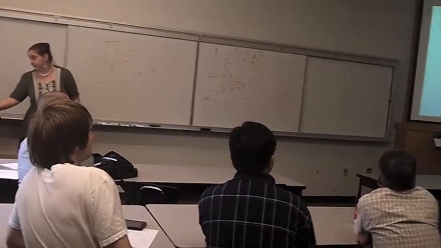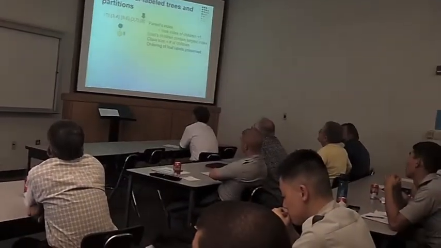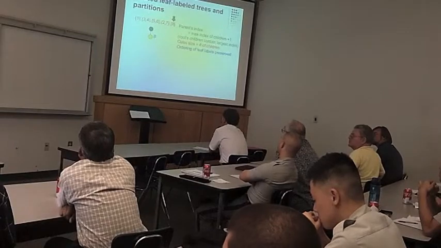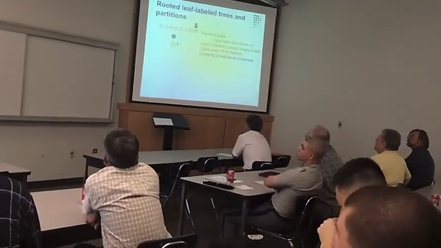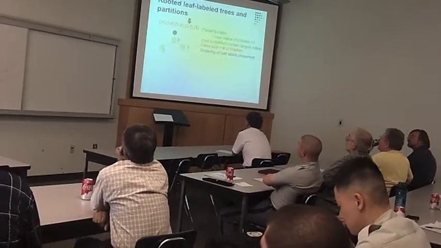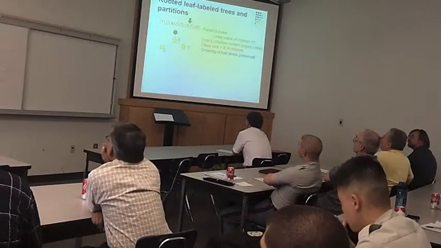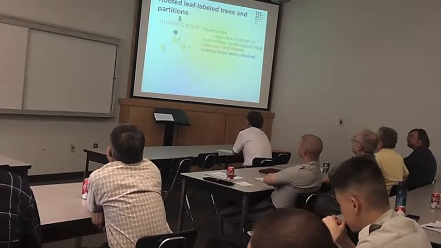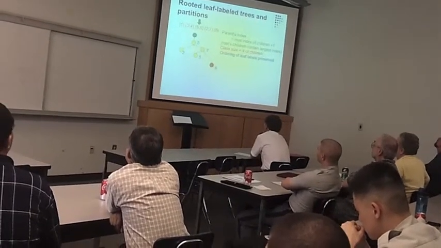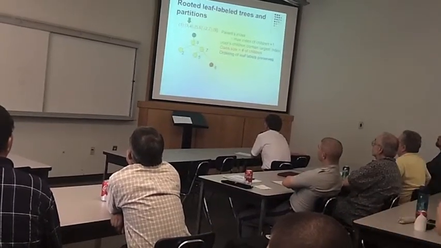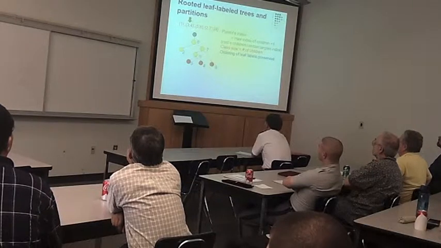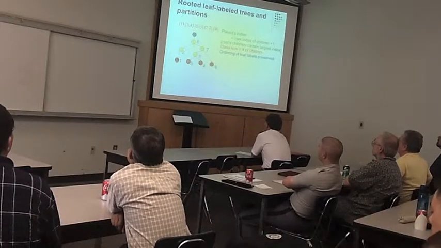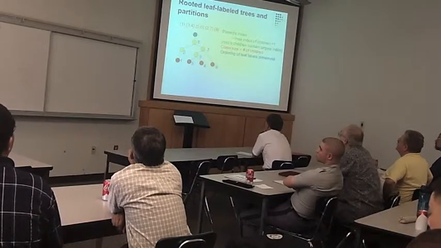Now, the parent's index is maximum index of children plus 1, so the children of 8 are in the set that contains 7. So they are 2 and 7. The children of 7, set containing 6. Children of 5, set containing 4. Children of 2, set containing 1. Here's my tree.